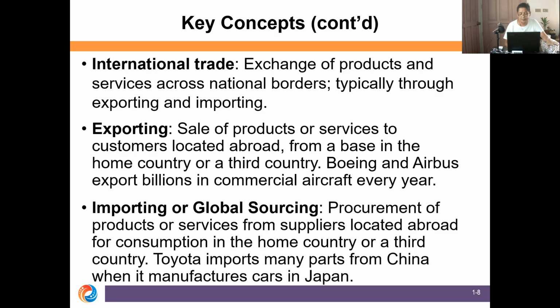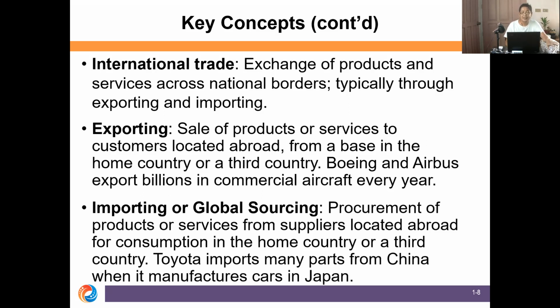example is about Toyota. Toyota cars. No? Toyota imports many parts from China, no? When it manufactures cars in Japan. Tulad na din sinabi ko kanina, example, Toyota yan, dapat made in Japan yan, di ba? Pero, yung pala, no? Yung mga ibang parts ay imported ni Japan, Toyota, sa China.